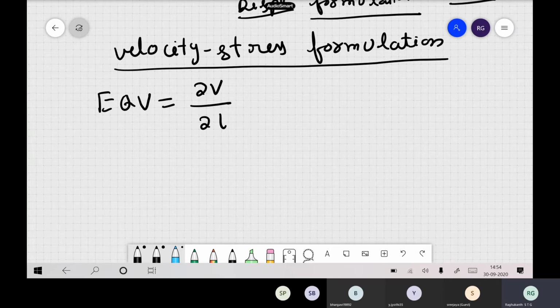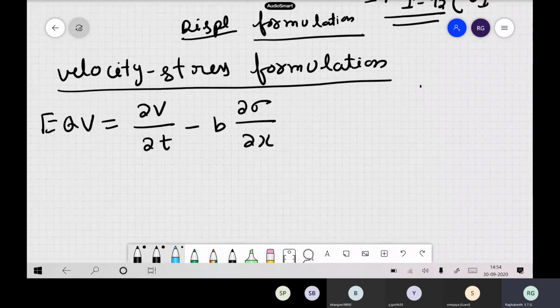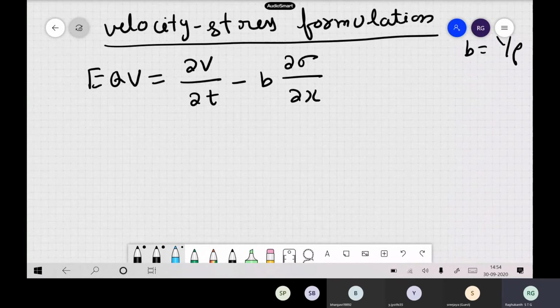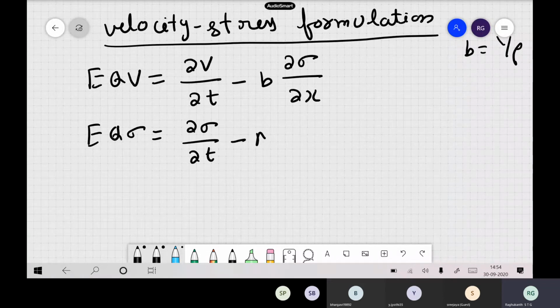So dou v by dou t minus b into dou sigma by dou x, where b is nothing but 1 by rho, the reciprocal of density. Okay, don't get confused. Now you have a sigma equation, that is dou sigma by dou t minus m into dou v by dou x. So these are the two equations for a velocity stress combination.